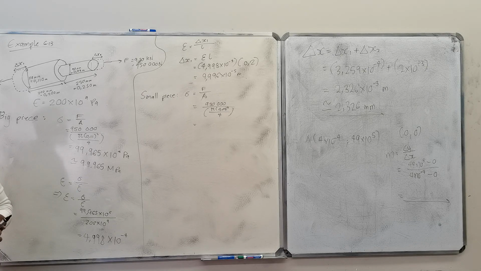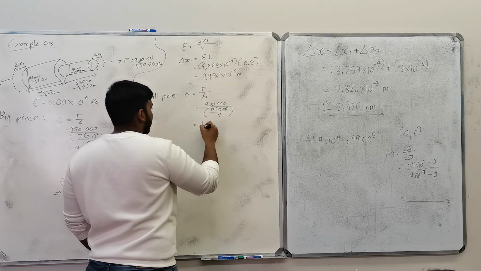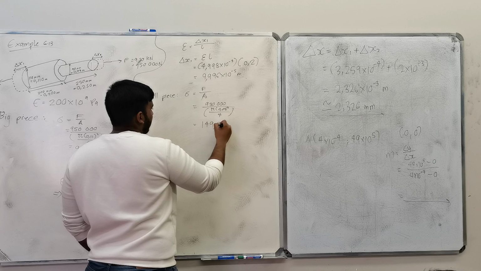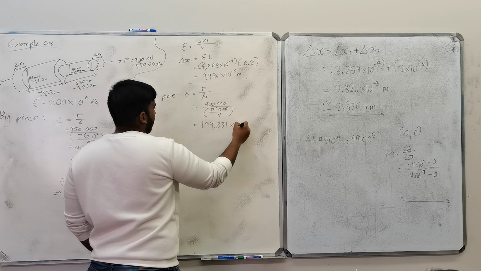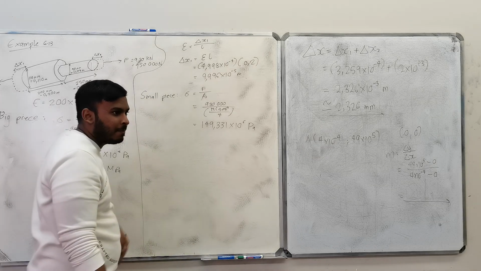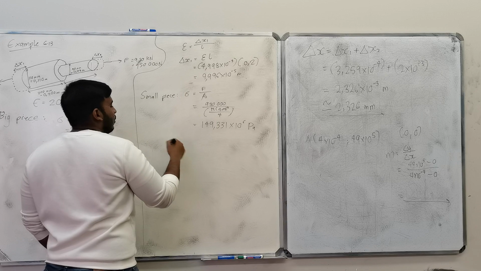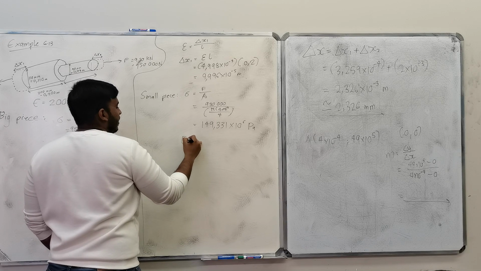I'm getting 149,330,563.9. That's right. Yeah, 149,330,563. 149.331 times 10 to the 6 pascals, right? Okay. Then using your stress, you will use it to calculate strain.